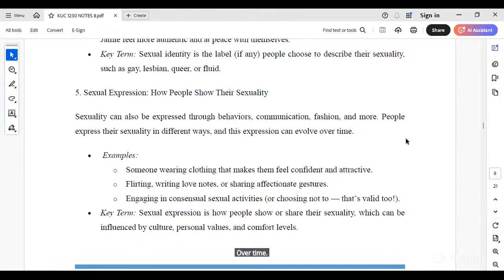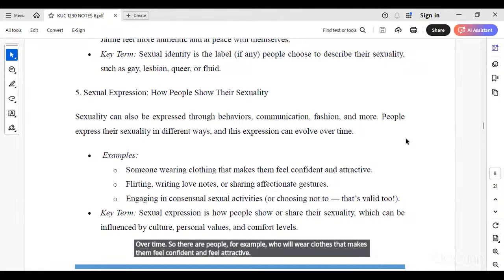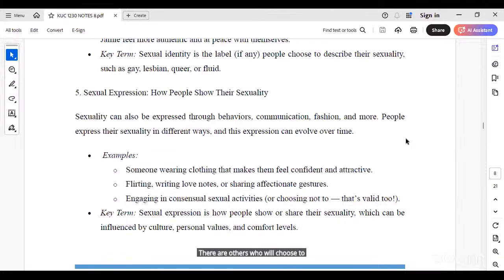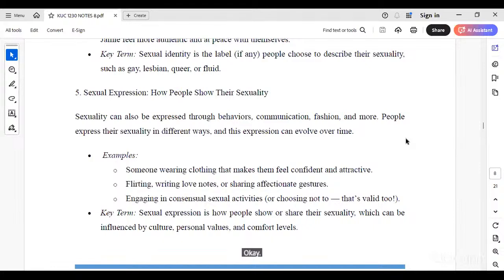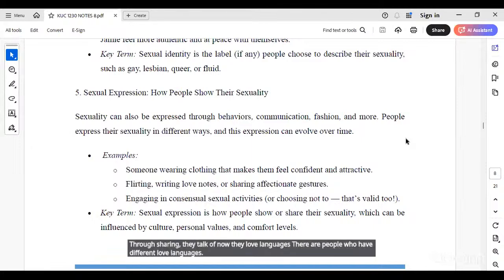So there are people, for example, who will wear clothes that make them feel confident and attractive. There are others who will choose to express themselves sexually through flirting, okay, through sharing. They talk of now the love languages. Okay, there are people who have different love languages.